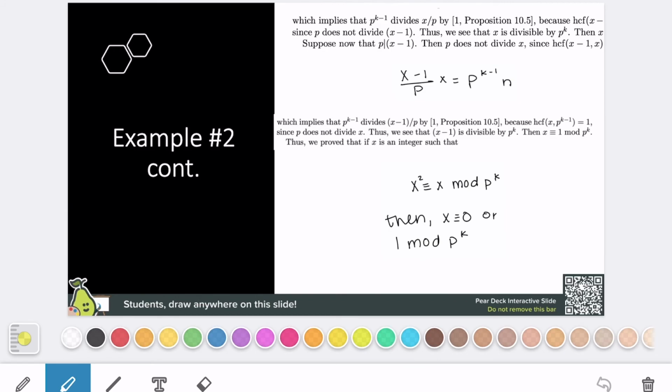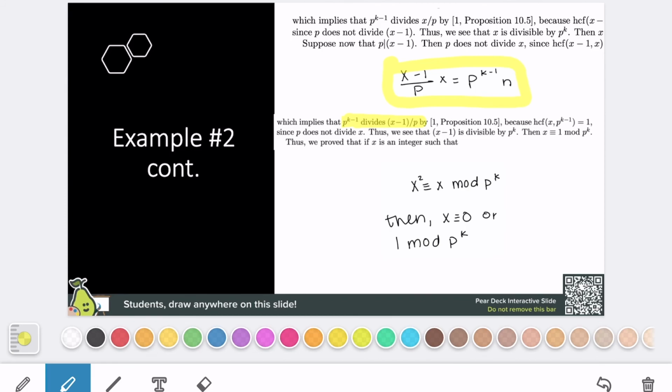Then we see that x minus 1 over p times x is equal to p to the power of k minus 1 times n. So this right here also implies that p to the power of k minus 1 divides x minus 1. So this section right here.